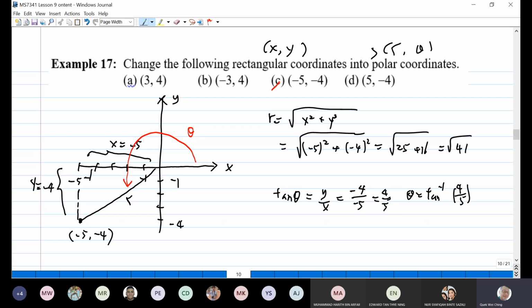You press the calculator, tangent inverse 4 over 5, and it gives you about 39 degrees.